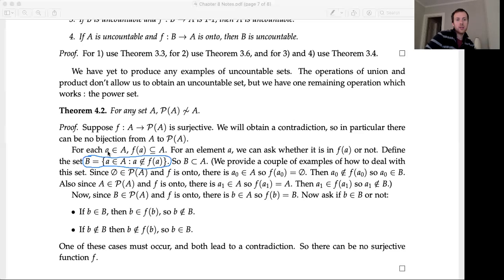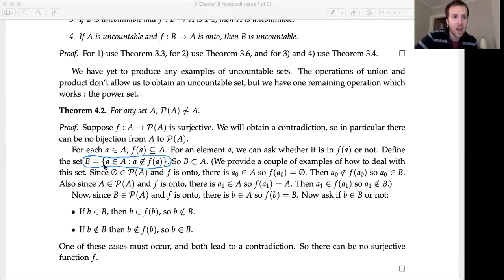And so if you have an element A, the output of A under F is some subset. A question you can ask is, we have an A, we get an F of A, is A in this subset? So F of A is some members of A, is your A in it or not?